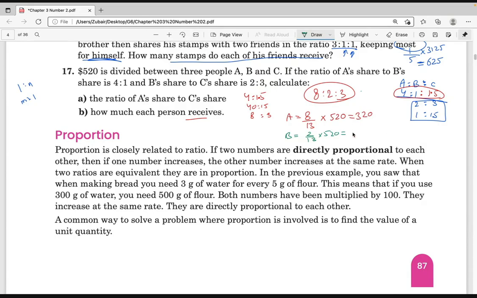He gets 80. Now for C, either we use the same concept or we just subtract these two from the total. So he's getting 3 out of 13 of 520, which is 120. Clear?